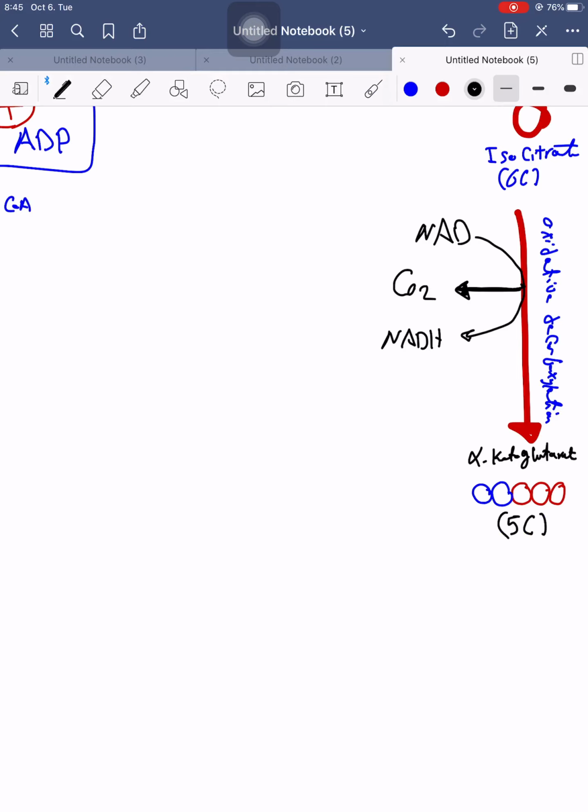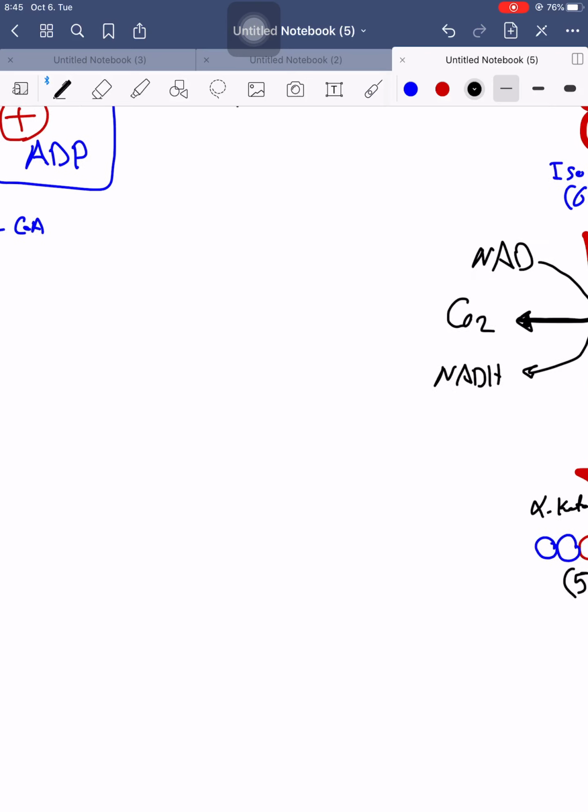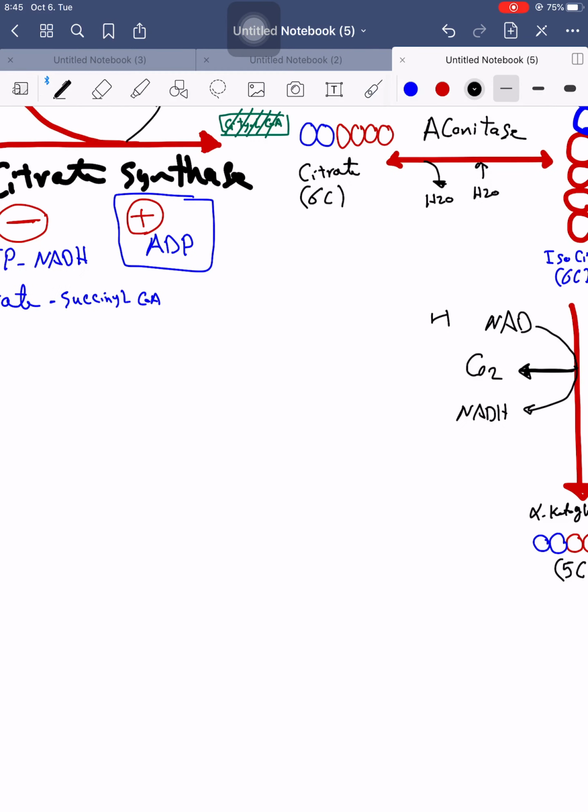And what is the enzyme that can manage it? This reaction is irreversible. And what kind of enzyme can regulate it? It is regulated by isocitrate dehydrogenase. So the enzyme here is called isocitrate dehydrogenase, the enzyme that manages this step.